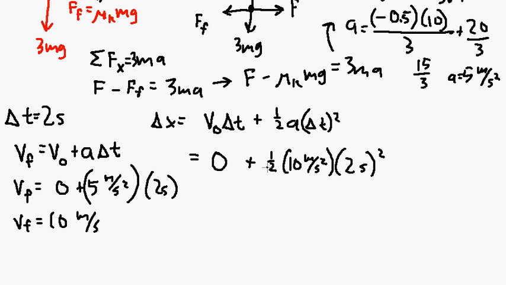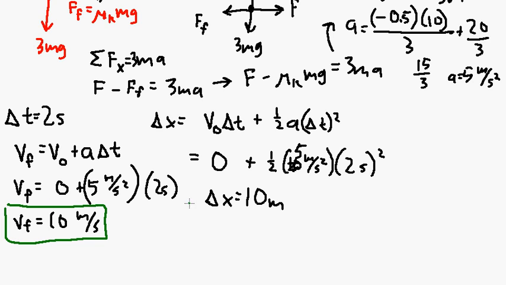So this 2 cancels this 2, and then it's just, is that right? Oh, no, it wasn't 10. I'm sorry, it was 5 meters per second squared. That's right. Okay, so 5 times 2 is 20, divided by 2 is 10, whatever you want to do. So delta x equals 10, and meters per second squared times seconds times seconds gives us 10 meters. So that is our answer to part A.